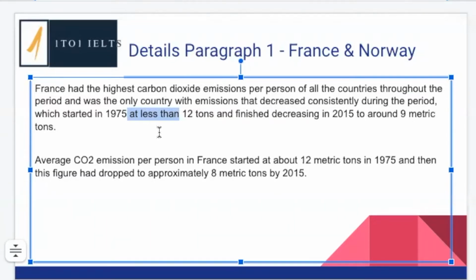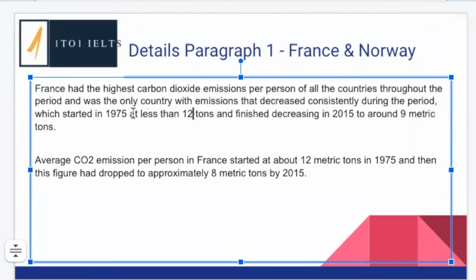It's too vague. The problem with saying "less than 12 tons" is that it could be 11 tons. It could be 10 tons. It could be 5 tons. It could be 0 tons. It doesn't tell me anything. Less than 12 tons is too vague. Therefore, it would be considered as inaccurate data.